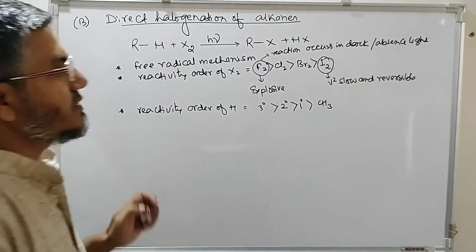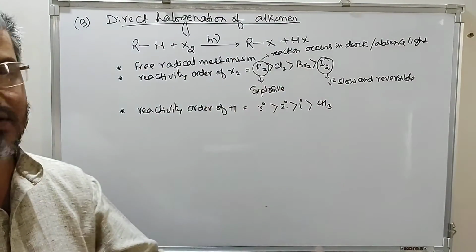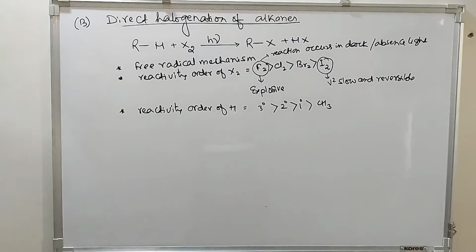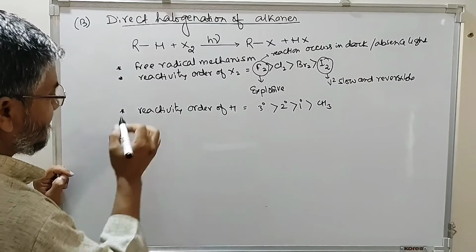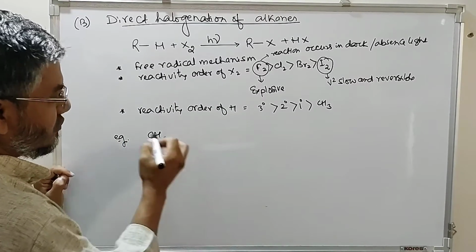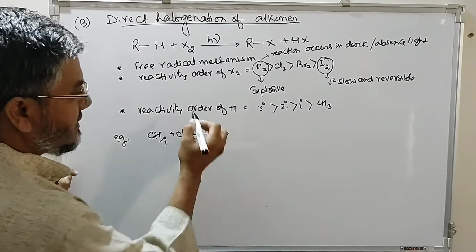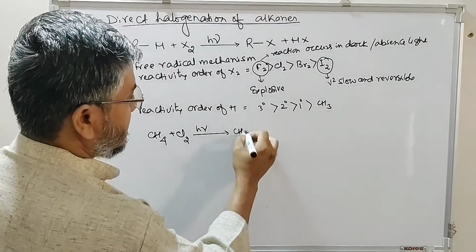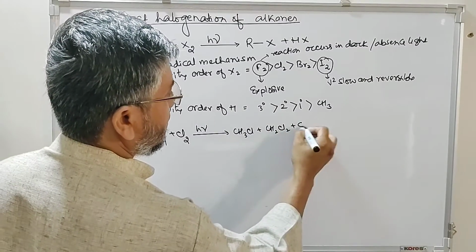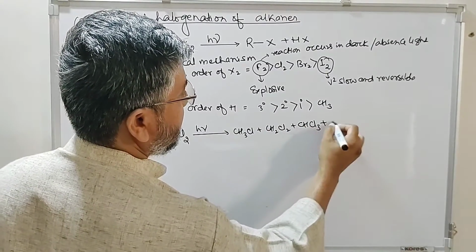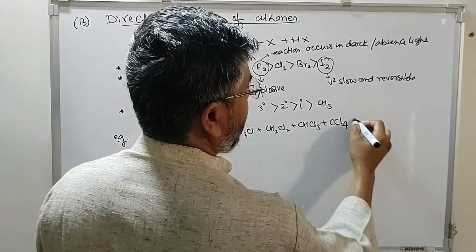But for chlorination, bromination, iodination, presence of sunlight or light is compulsory for this reaction to take place. So take CH4. This reacts with chlorine in presence of sunlight, when this gives you CH3Cl, CH2Cl2, CHCl3, CCl4. All possible haloalkanes will be formed, plus HCl.